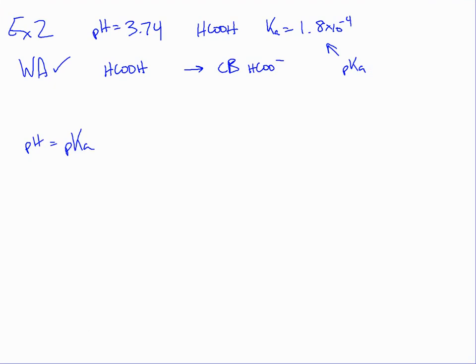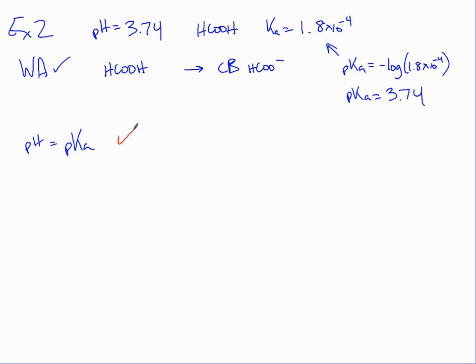So pKa is the negative log of Ka. pKa is 3.74, and that's exactly where we want it to be.